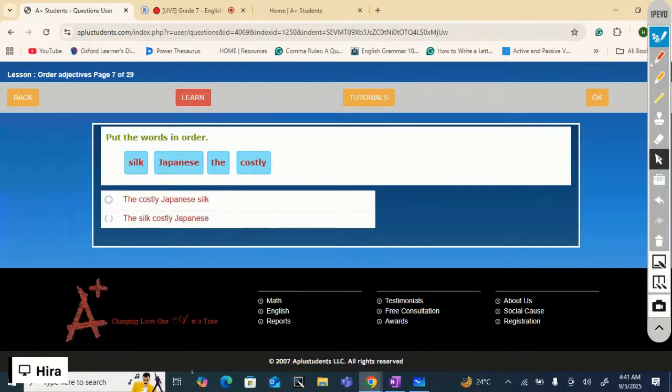Silk is the noun these adjectives are describing. The article comes first before every other adjective, then costly, opinion, Japanese, origin. So opinion comes before origin. The costly Japanese silk is the correct one.